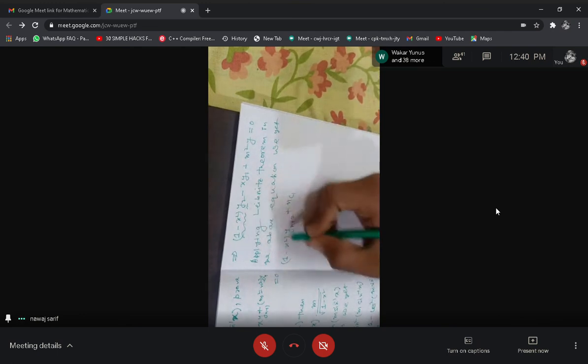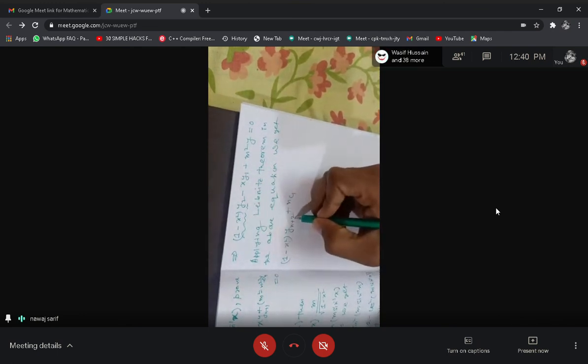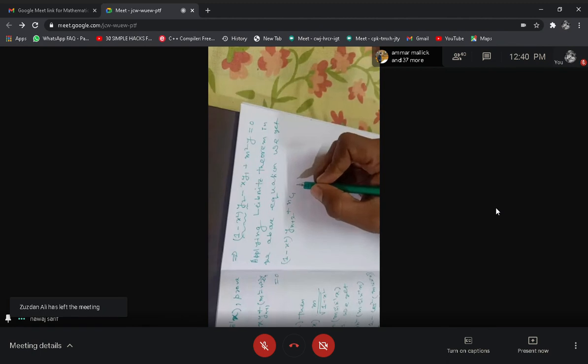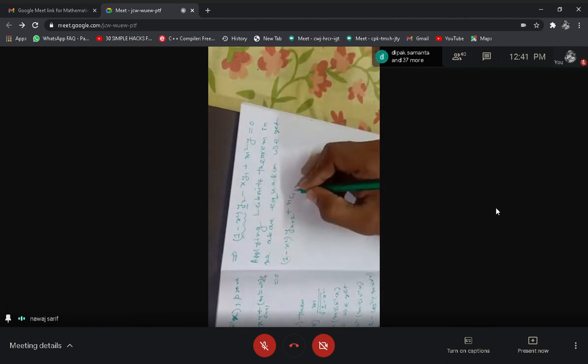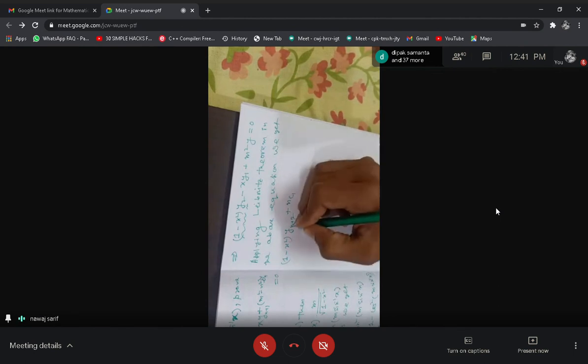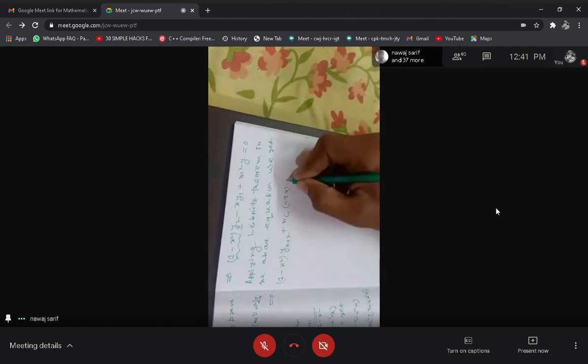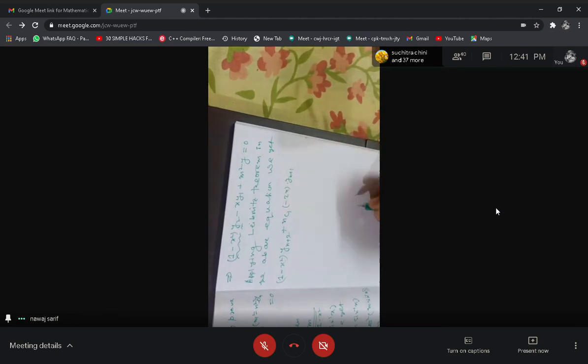So 1 minus x square, and this is y of n plus 2, then nc1 u of n minus 1. So nc1, and the derivative of this one is minus 2x into y of n plus 1.